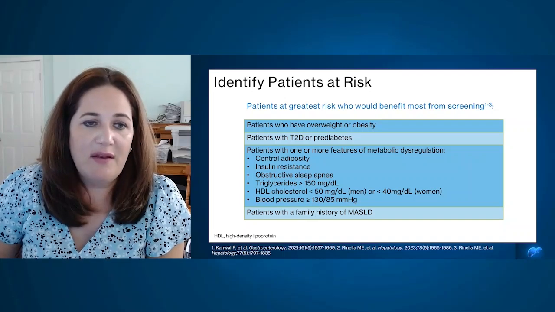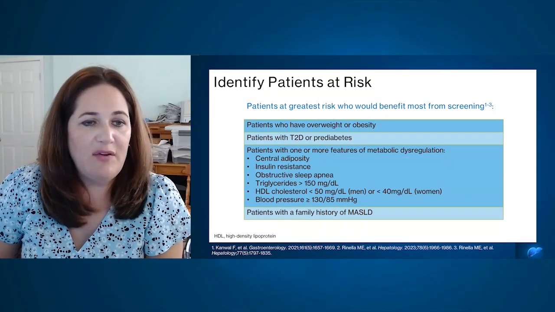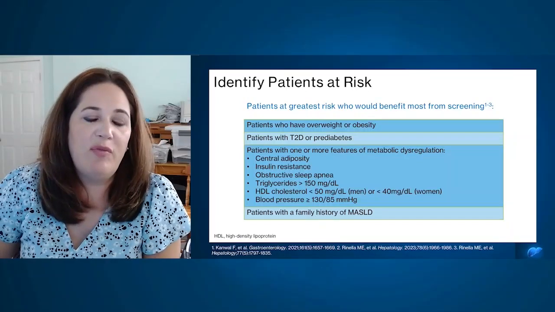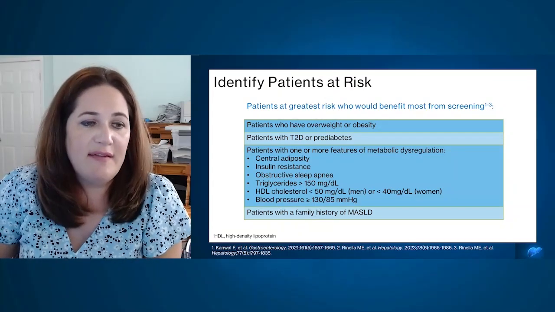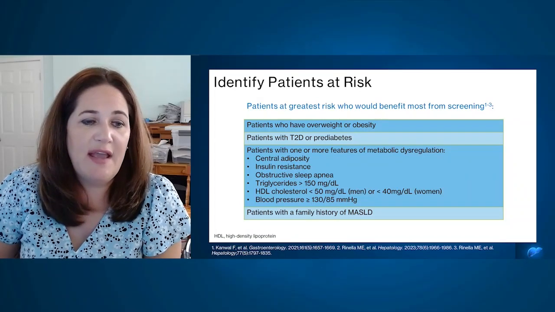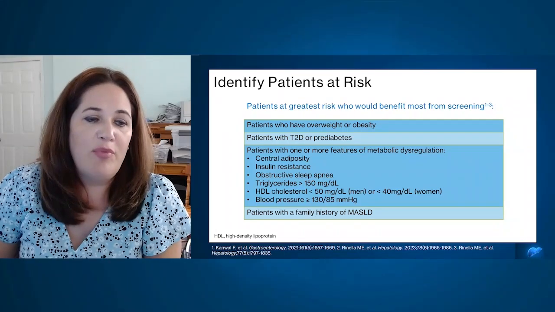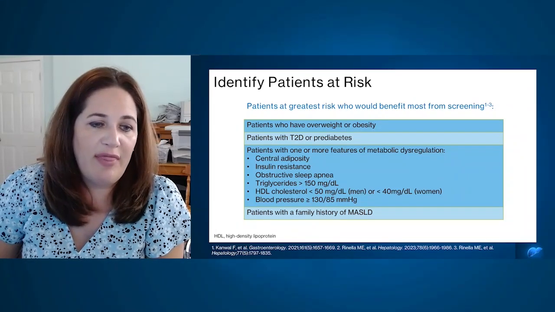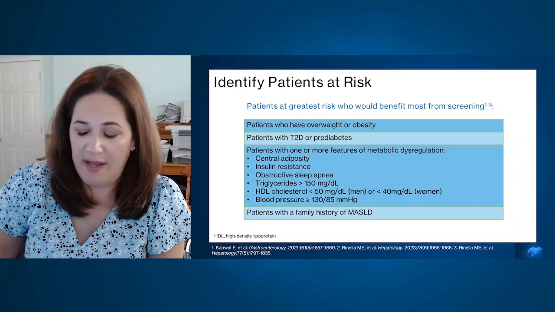Patients who are overweight or who are obese, patients with type 2 diabetes or prediabetes, patients with one or more of the following metabolic dysregulations, including central adiposity, insulin resistance, obstructive sleep apnea, triglycerides that are greater than 150, HDL that is less than 50 for men or less than 40 for women, blood pressure greater than or equal to 130/85, and patients with a family history of MASLD.